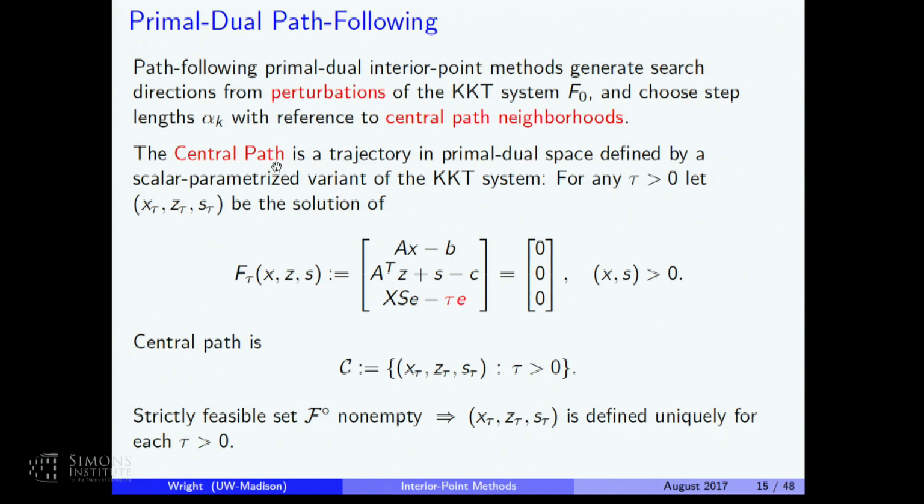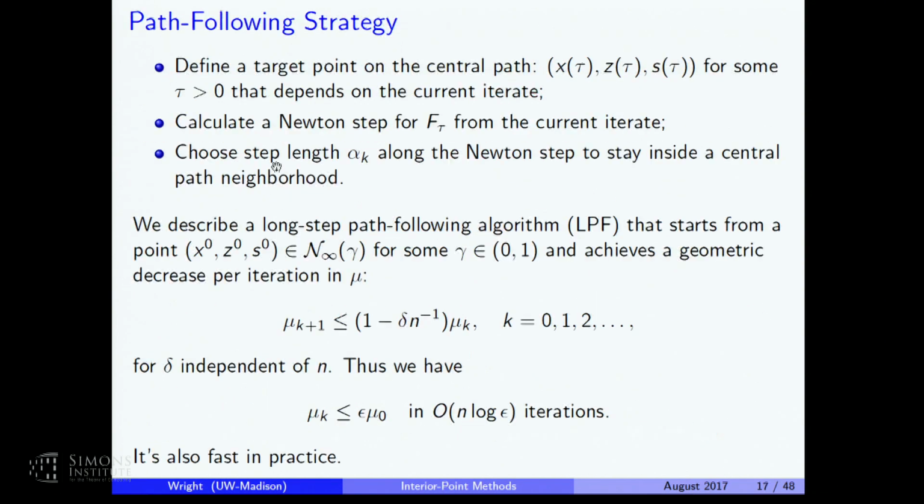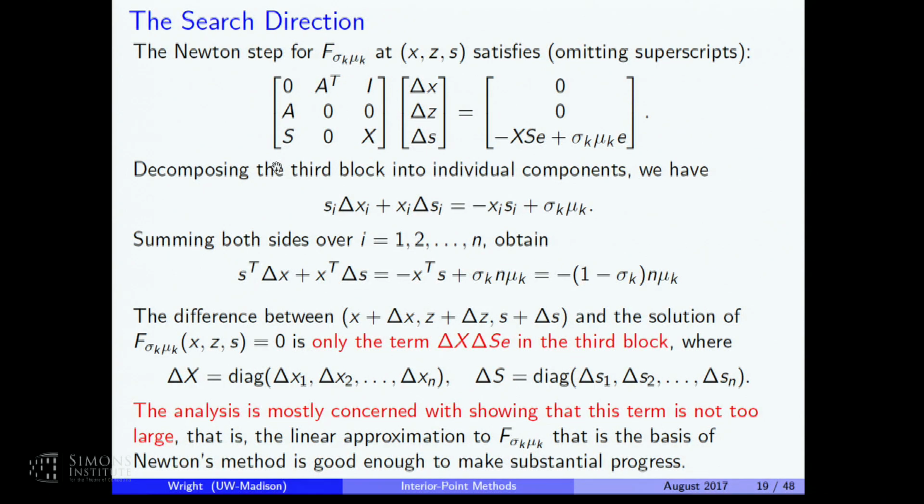There's an A transpose, and there's identity here. Here it's not linear, but when I differentiate x times s times e with respect to x, I just get s left over. And when I differentiate with respect to s, I get x. So that's where these terms come from. That's the derivative with respect to x. That's the derivative with respect to s.